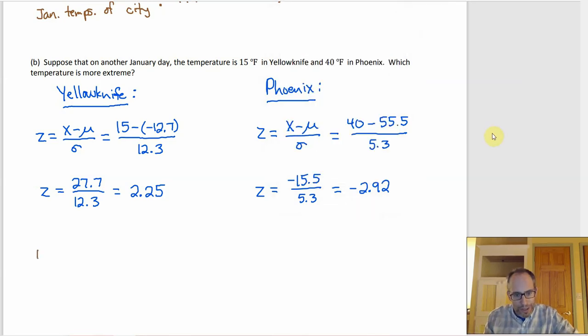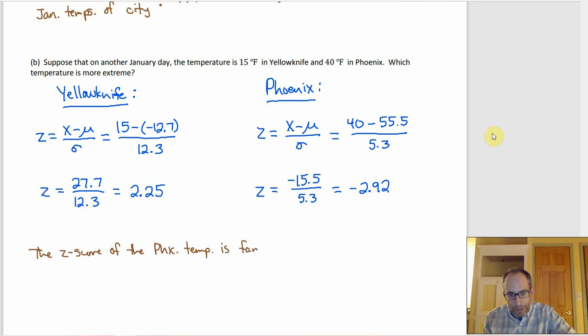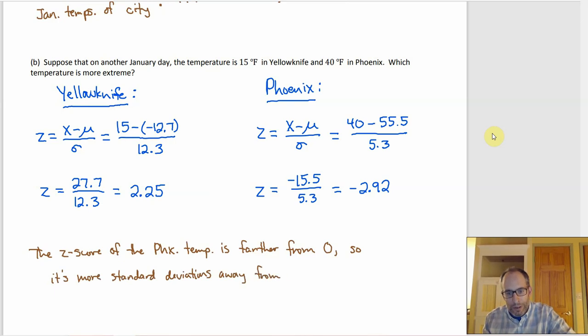So we'll say that the z-score of the Phoenix temperature is farther from 0, so it's more standard deviations away from the mean.